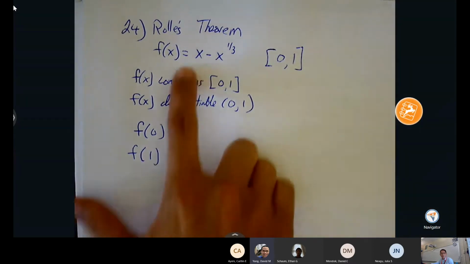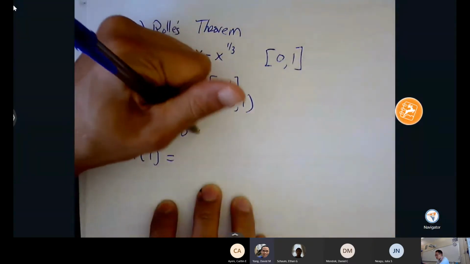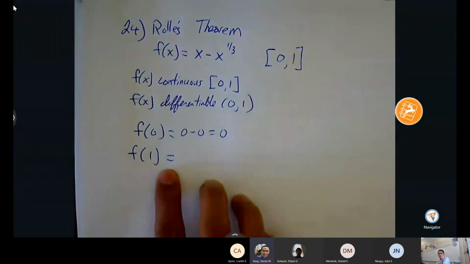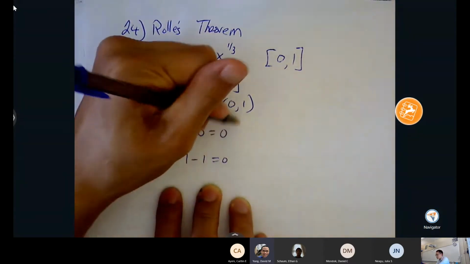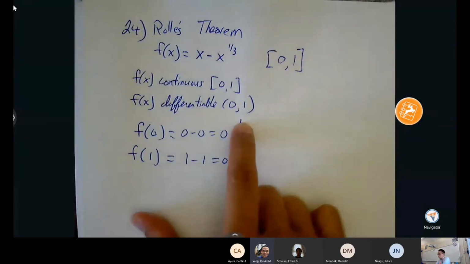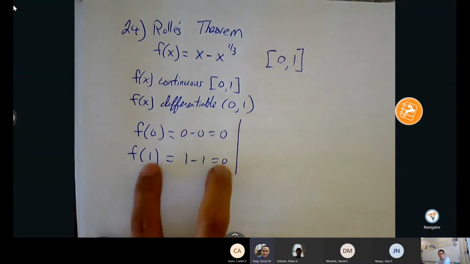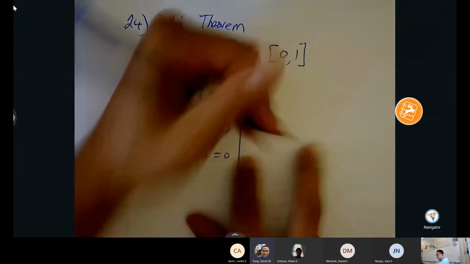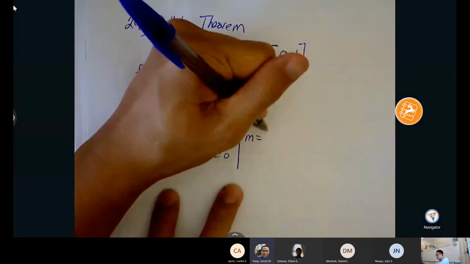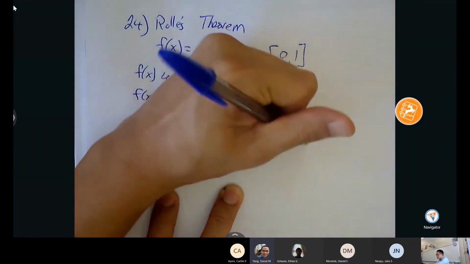Okay, so I plug 0 in for x, I get, if I plug 1 in for x, I get 1 minus 1, which is 0. So because of this, we know that our slope is 0, right? Not because this is 0, but because if we were to find slope, it's going to be 0 minus 0 over 1 minus 0, which is 0.